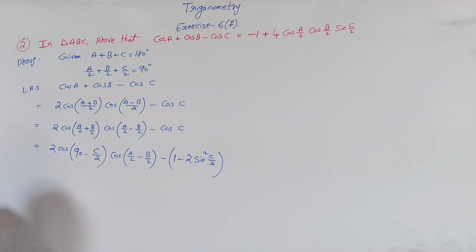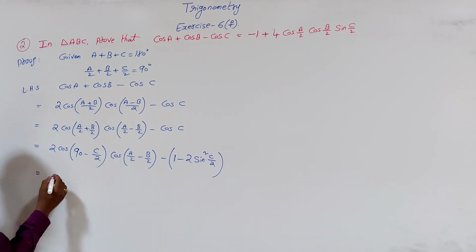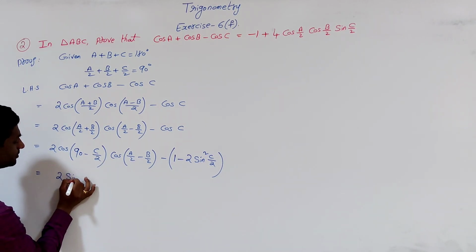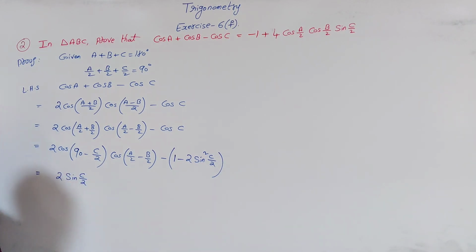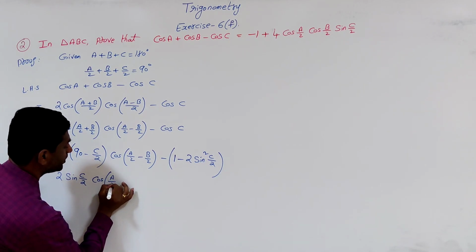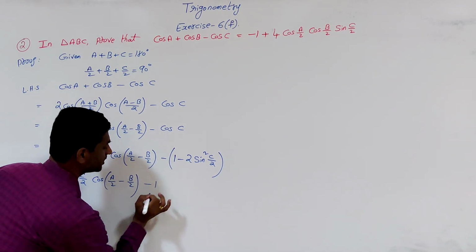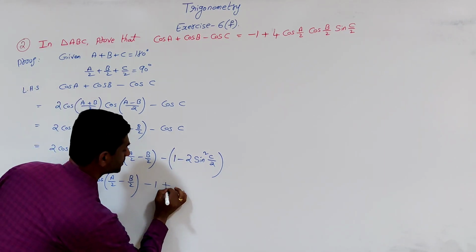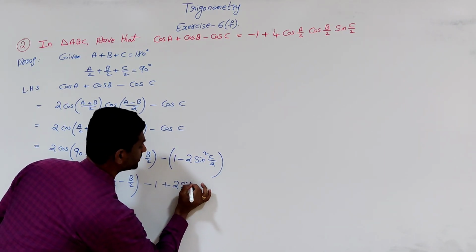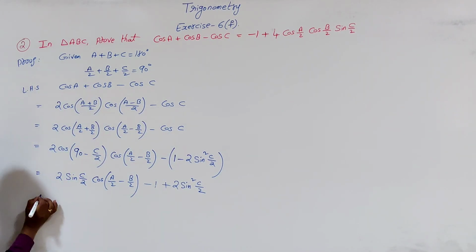Submultiple angle. So cos of 90 minus theta will be sin theta. 2 sin C by 2 cos of A by 2 minus B by 2, minus into 1 is minus 1, minus into minus plus 2 sin square C by 2. Now taking minus 1 in front, so minus 1 as it is.